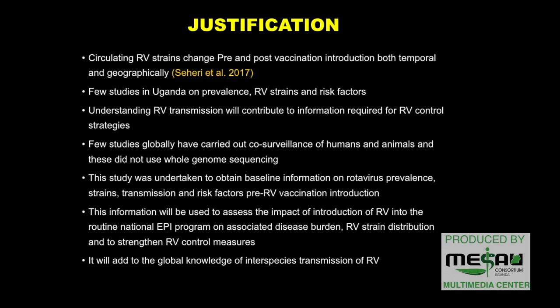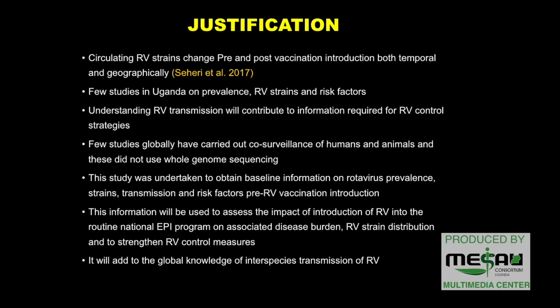Globally, few studies have been carried out on co-surveillance of humans and animals using whole genome sequencing. These studies would help us understand transmission problems. Studies so far have used nucleotide sequences, which don't give a complete picture of how bad interspecies transmission of rotaviruses is.